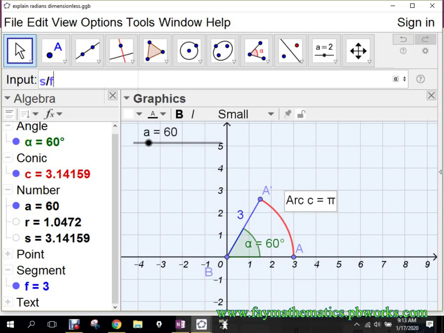So when I go S over F, or arc length divided by radius in this case, it's going to be feet divided by feet. It might be miles divided by miles, or whatever divided by whatever as a distance, right? What happens to those through that division? They cancel out. Now, there's going to be a value called B here that shows up.